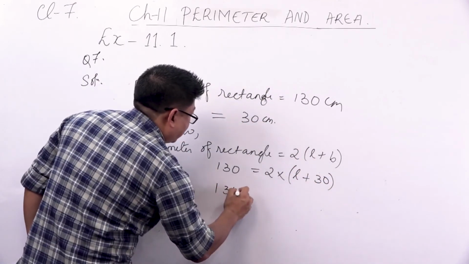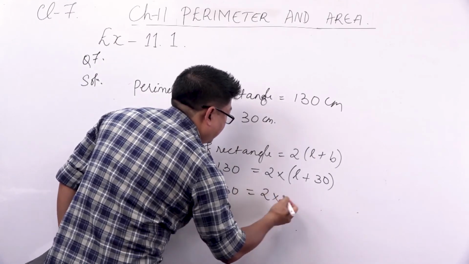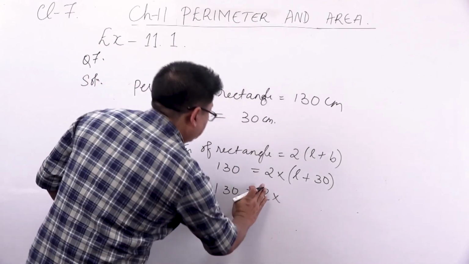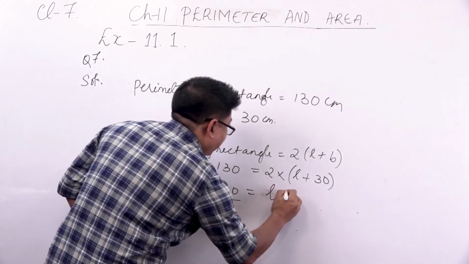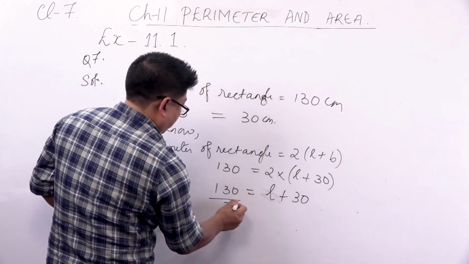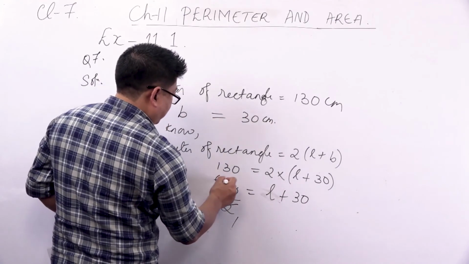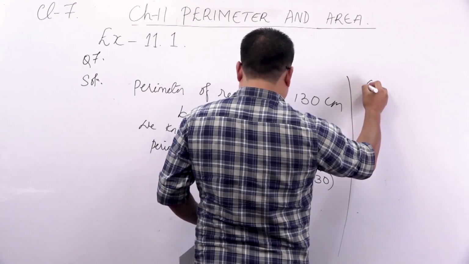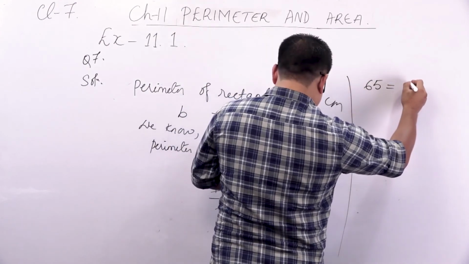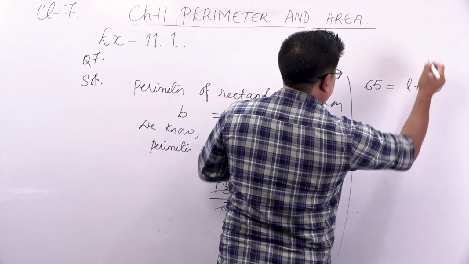So 130 is equal to 2 into, sorry, I will take this 2 this side, and L plus 30. So 2 into 1, 2 into 6 is 12, 2 into 5. Let's continue this side. 65 is equal to L plus 30.